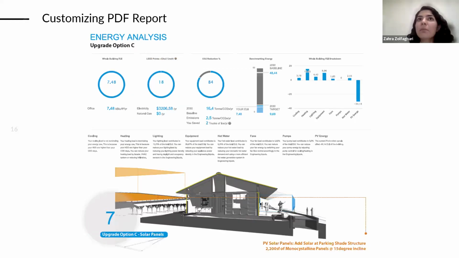Okay, it seems I missed something here, but the baseline option has an EUI of around 40. Actually, let me pull up the actual report. One sec. Okay, this is the baseline option.